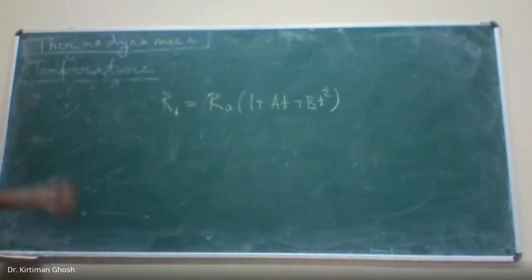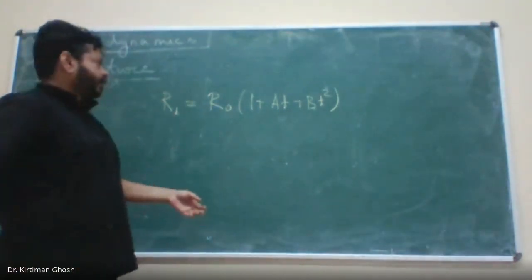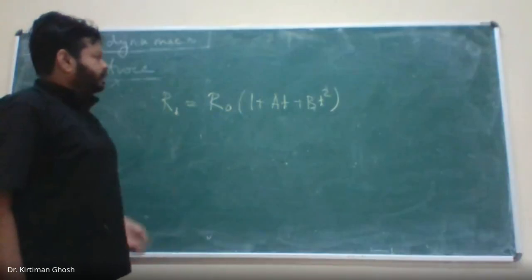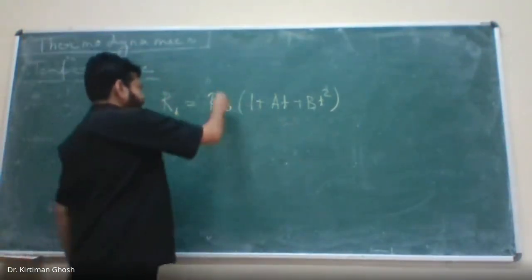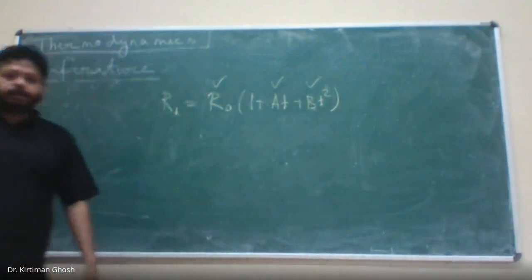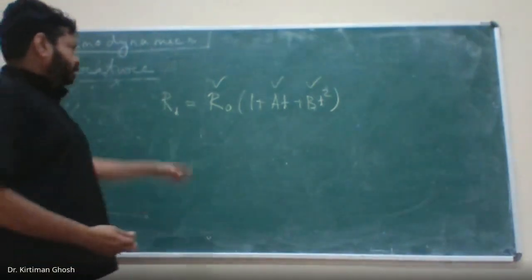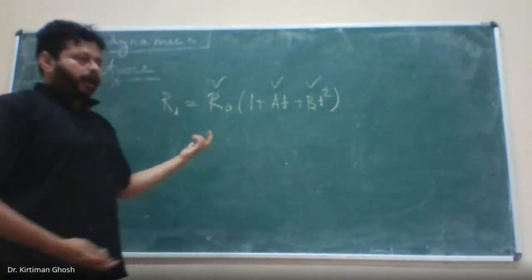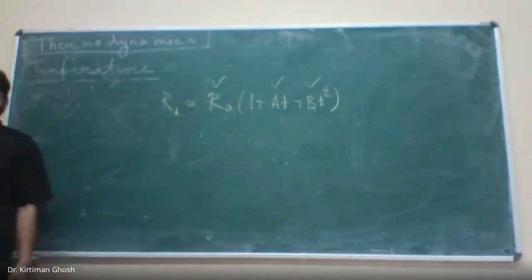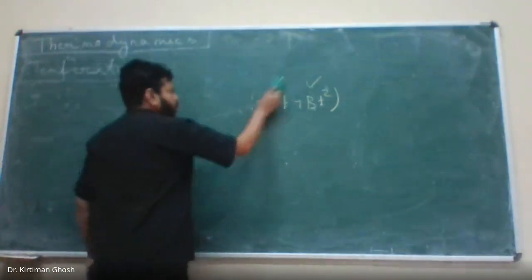For a given material of resistance, you need to do three experiments, measuring the resistance at three different temperatures, to find the values of R0, A and B for that particular resistance, and then you can use that resistance to measure other temperatures. There are other kinds of thermometers you can use.